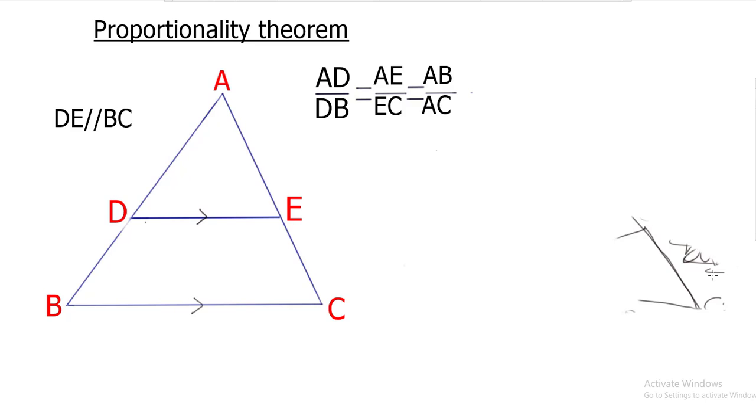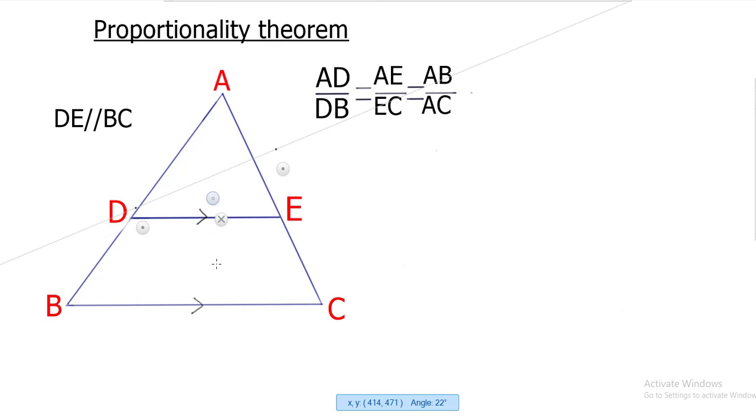Remember, we have bases here. Our bases will be AD, DB, AE, EC, AB, and AC. Okay. So now let's draw the height.